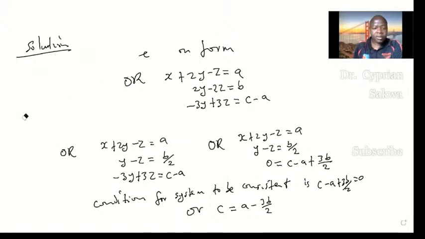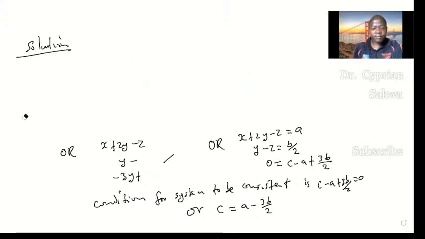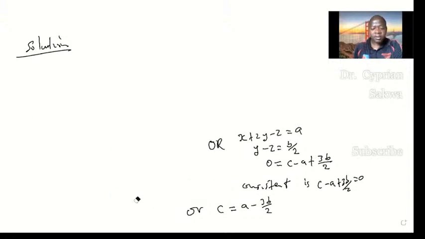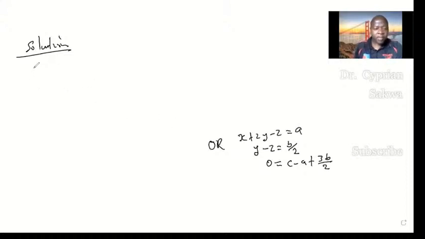Okay, let me just get more space so that we do the last part of the question. I'll continue from this part. So let me just copy it here. If that condition is met, then we would have x plus 2y minus z is a, and y minus z is b out of 2, and 0 is 0.